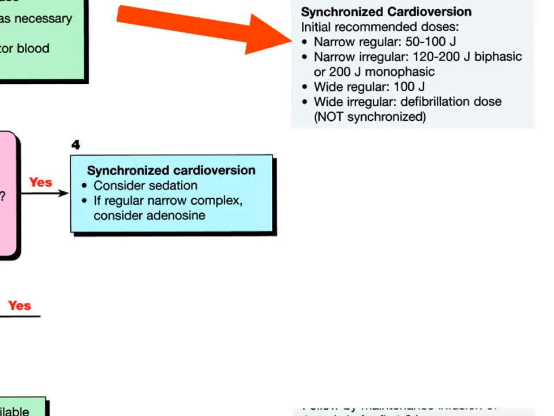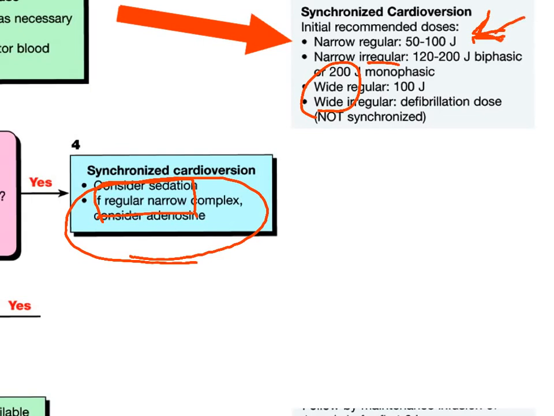You can consider adenosine in the case where it is regular and narrow. That isolated case of regular and narrow. Once it becomes irregular or it becomes wide, then adenosine is no longer considered an option in these very unstable patients.